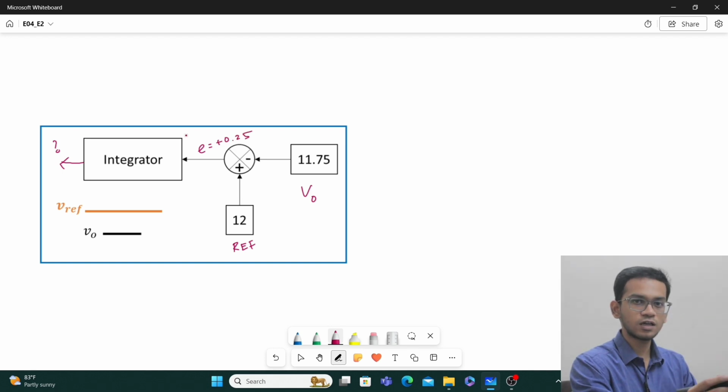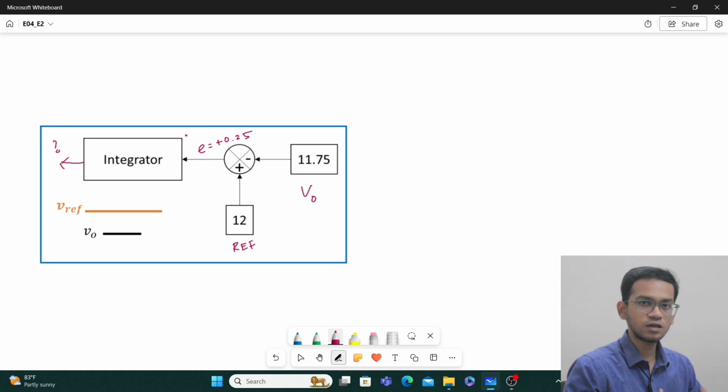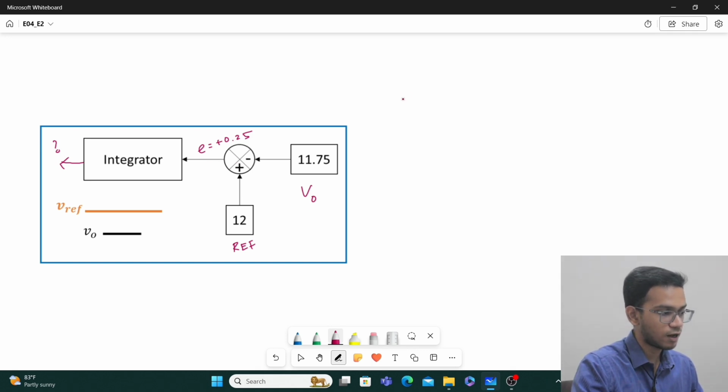We know that the integrator keeps accumulating the area under the curve which is given as input to it. Now my input is a constant having amplitude or voltage of 0.25. This is my error voltage, across time.